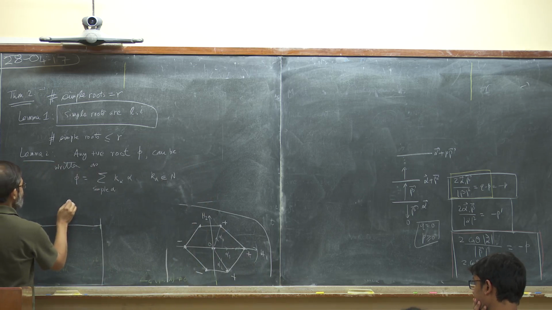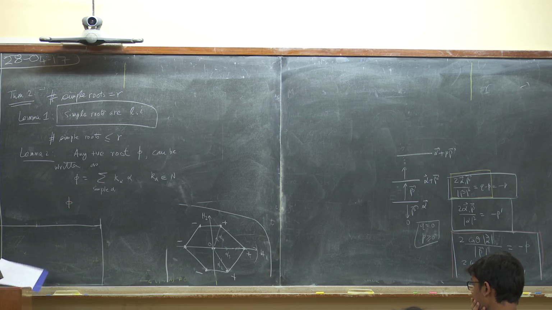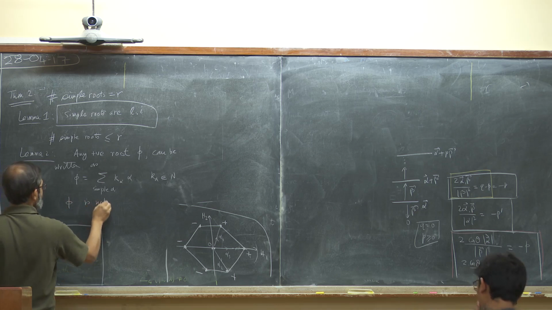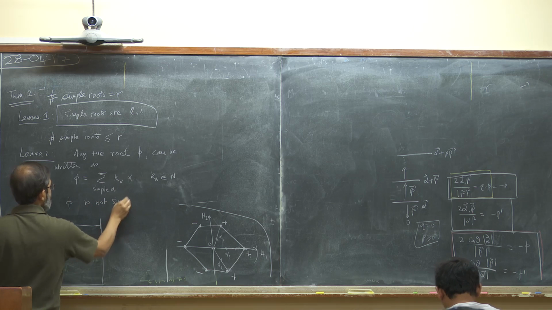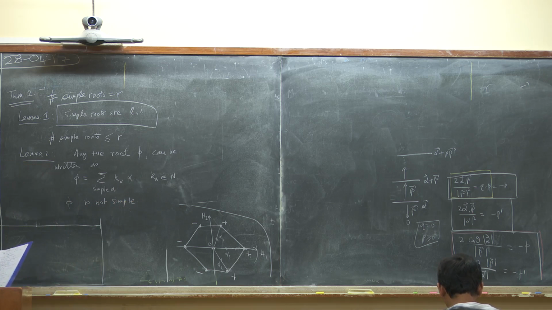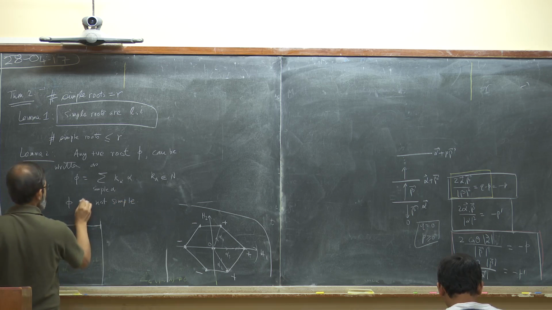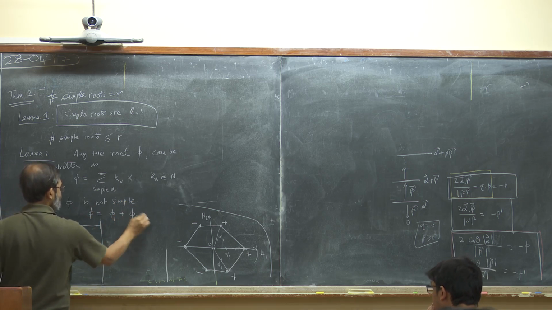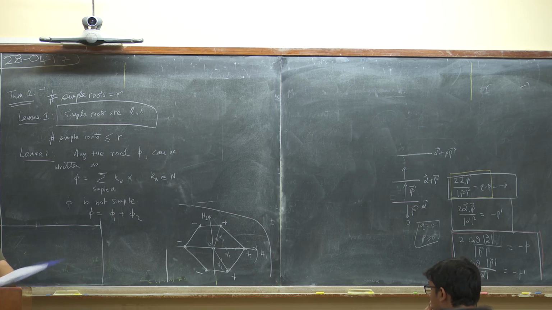Let us say that phi is not simple. Then there has to exist some phi 1 and phi 2 by definition, because phi is non-simple.